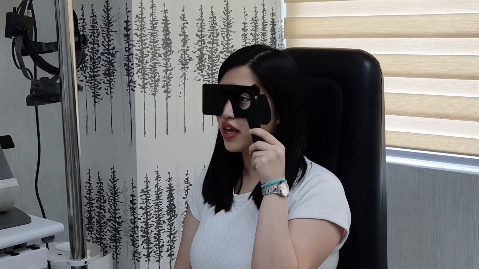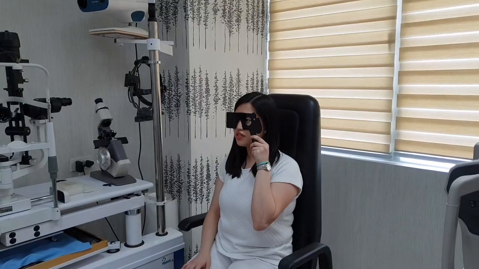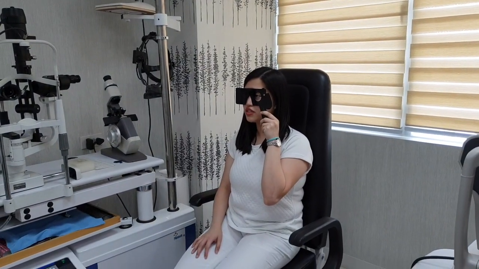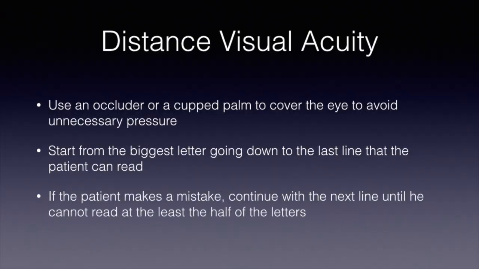Don't forget to occlude the eye not being tested and avoid unnecessary pressure on the eyeball, which may temporarily blur the vision. If the patient makes a mistake, continue with the next line until she cannot read at least half of the letters or optotypes.